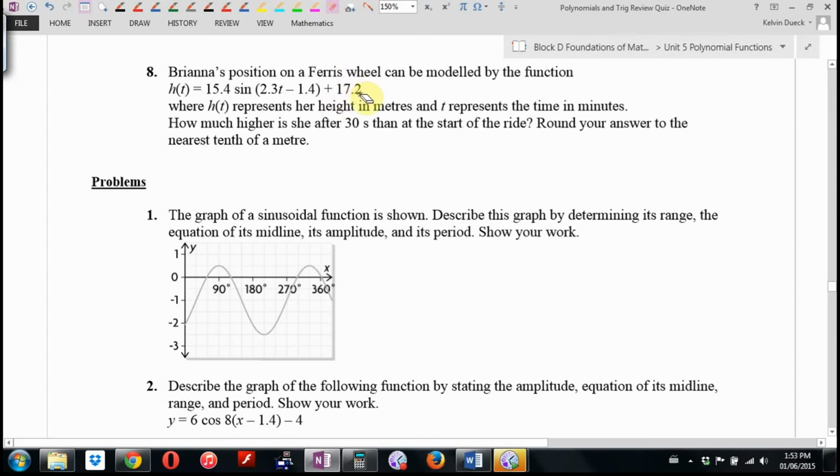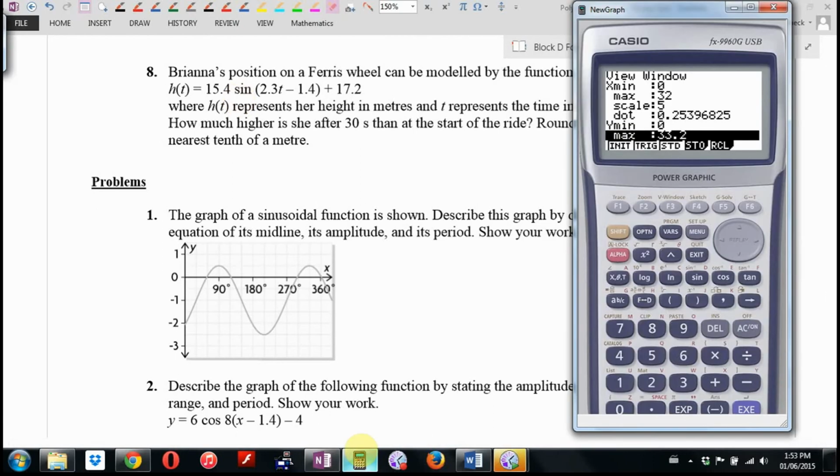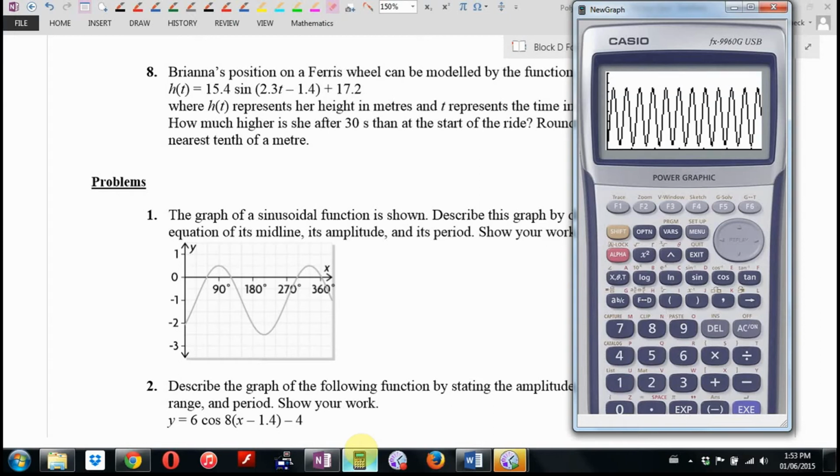So the highest it's going to get is if I add those two together. I get 30-something. You know what? I'm going to go up to 40. That should give me some breathing room. And I'll go up by 5s here too. Oh, there's your Ferris wheel. You go up, you go down. You go fairly quickly, apparently. This is a pretty intense Ferris wheel. Okay?